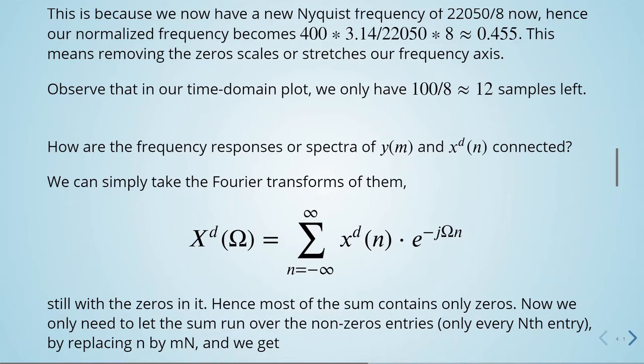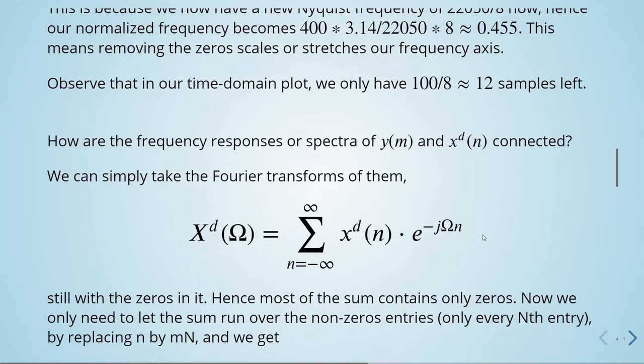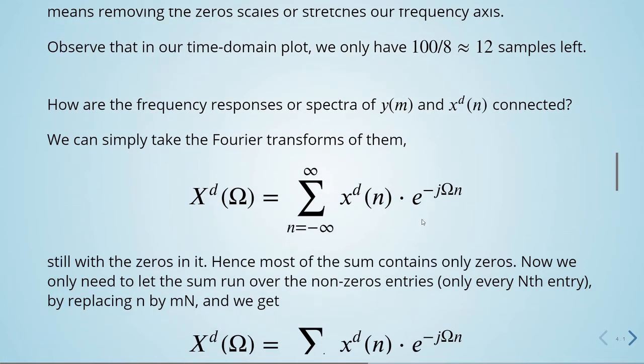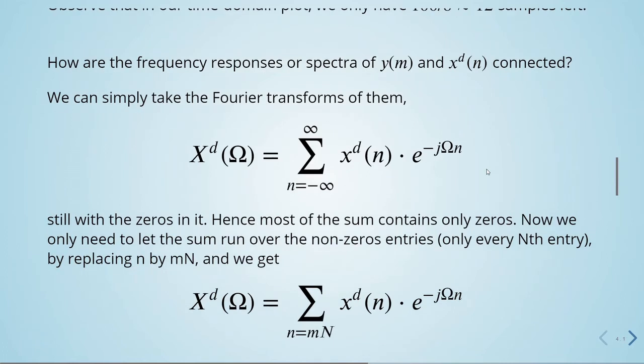So how are the frequency responses of the spectra of y of m and x d of n connected? We can simply take the Fourier transforms of them. This was the signal still with zeros in it, so most of the sum here will only contain zeros. So we only need to let the sum run over the non-zero entries, which is only every Nth entry.